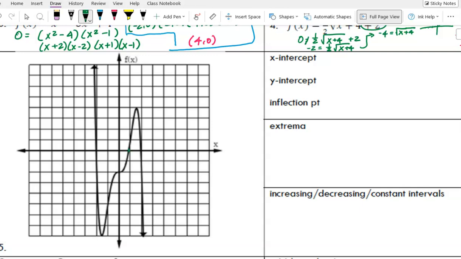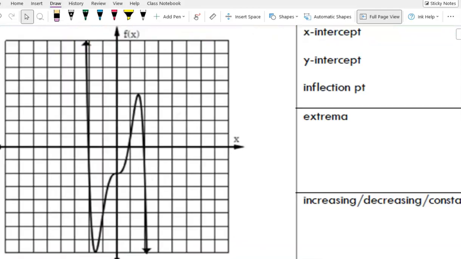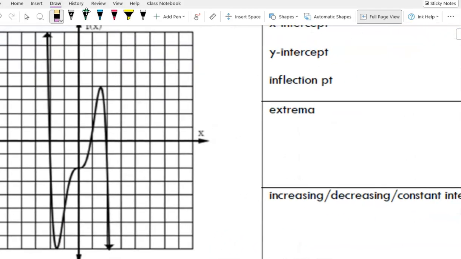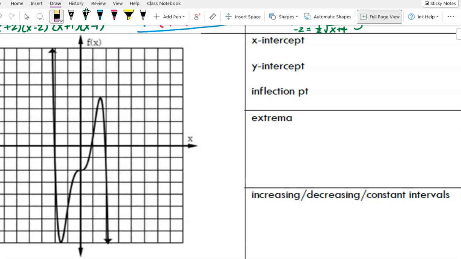X-intercept for this function, it doesn't look like it's actually going through 1. So I'm just going to assume, and you could just estimate this, and on the test it'll be exactly labeled. Okay, so I could estimate (0.9, 0), and you can clearly see that that one goes through the x-axis, so (2, 0).